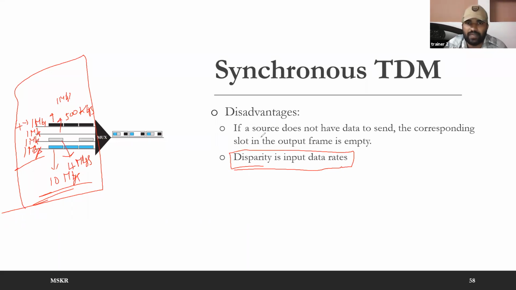So one disadvantage is the source does not have data to send, and the corresponding slot will be empty, wasted. And the second is disparity in input data rate. If all the inputs are following the same data rate, then there is no issue. But if the inputs are using different data rates, then there will be a lot of things to consider while going with synchronous TDM. So these are the 2 disadvantages.